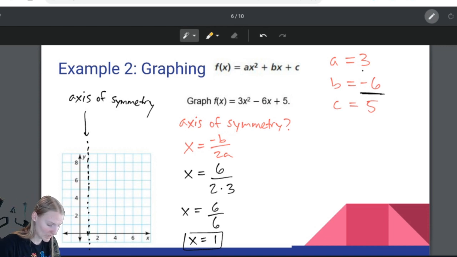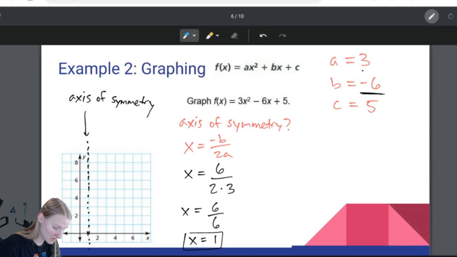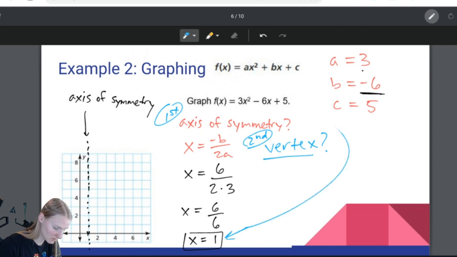So now, we have the axis of symmetry. Now, we need the vertex. So first axis of symmetry, second, vertex. And remember, the way we found the vertex was by plugging this into our function.